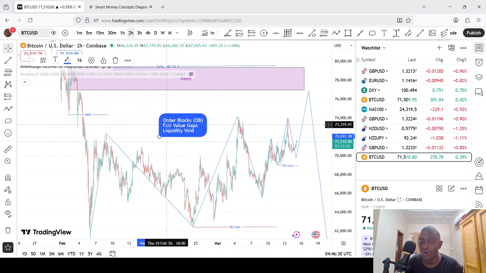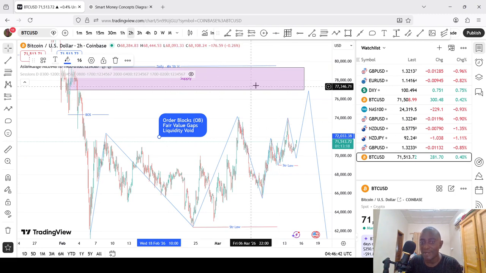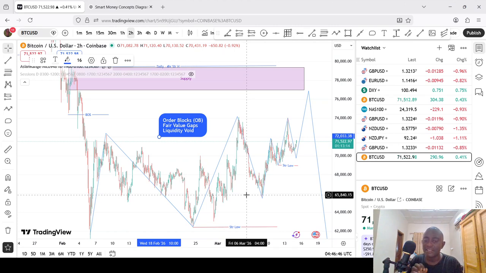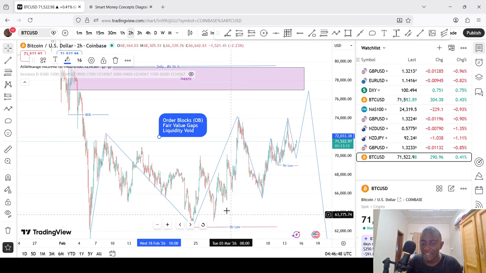When you talk about order blocks, the word order, where we have the majority of people having their orders, you understand, around the supply zone, there are always areas where many sellers have their orders. They are waiting to enter, especially most of the institutions, the banks, the central banks.